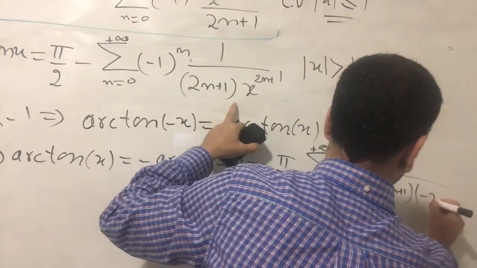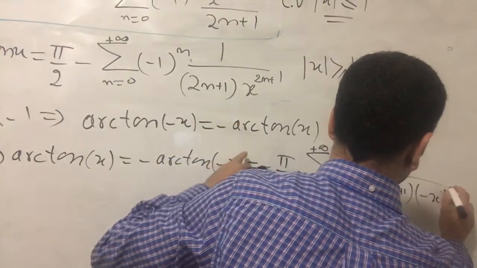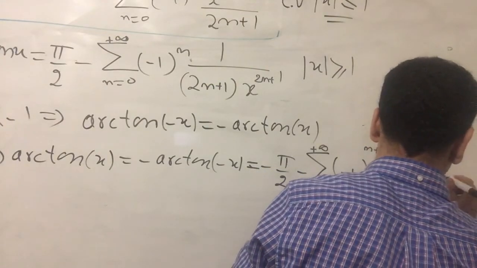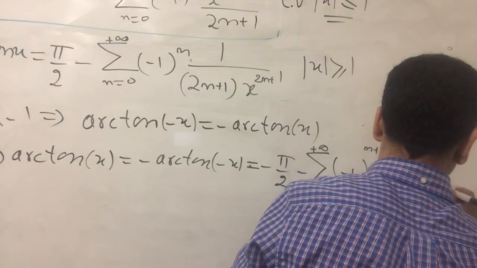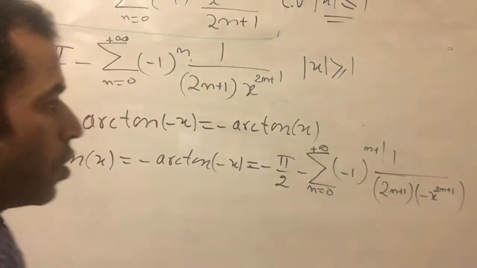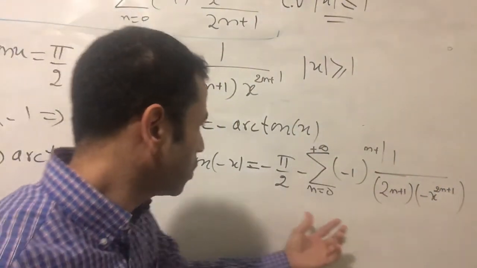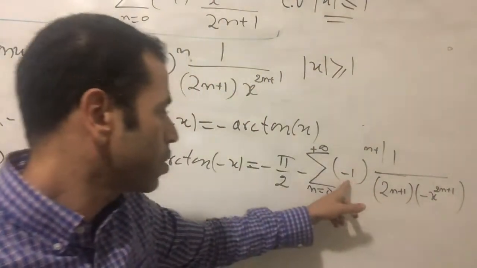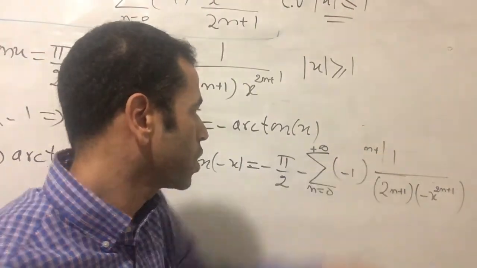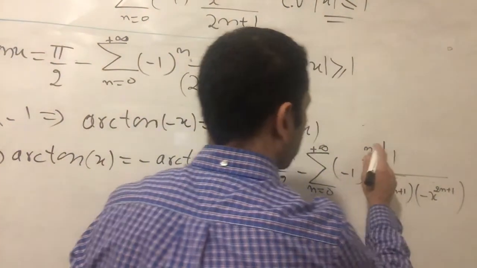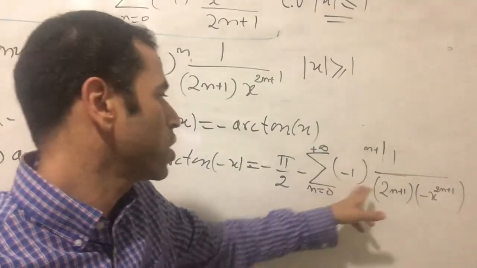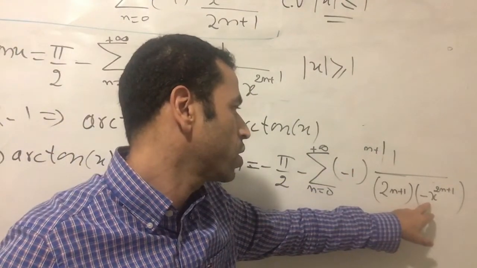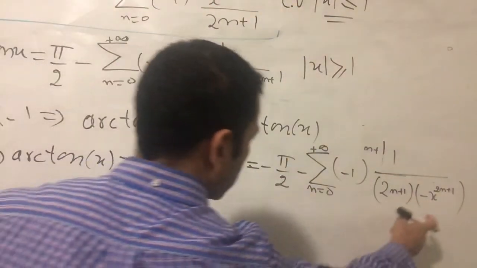I have minus x to the 2n plus 1. So what I'm going to do now is bring this minus sign outside. With this minus, I'm going to cancel out the n plus 1 and put minus 1 to the n instead of minus 1 to the n plus 1, taking this minus sign off from the denominator.